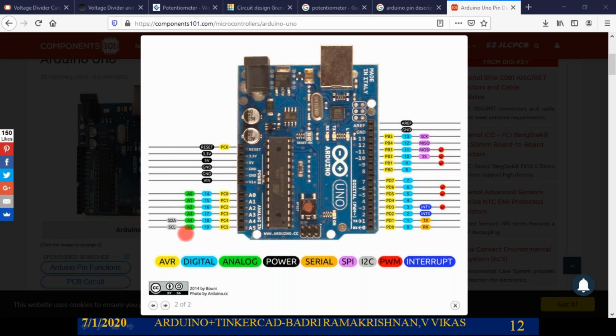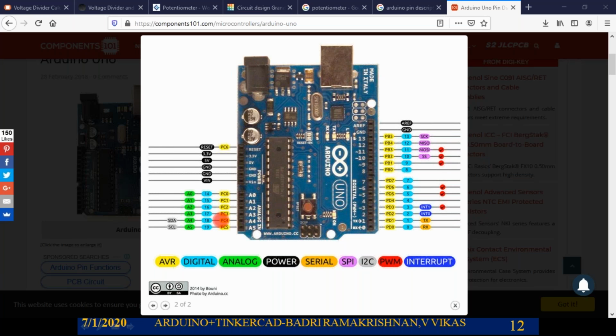All these 6, A0 to A5, are just input pins. As you can see here, it is written analog in, meaning they act as input pins. But the 13 pins, 0 to 13, are digital pins. We can use them as input pins or output pins.